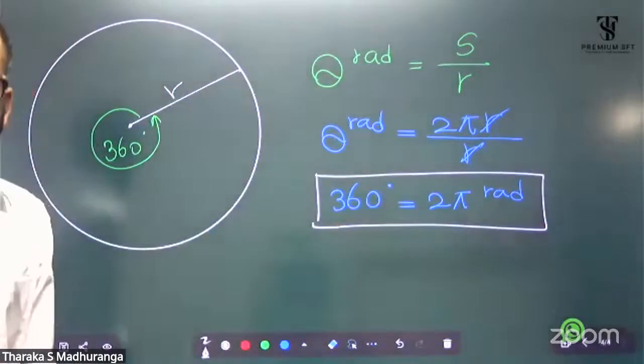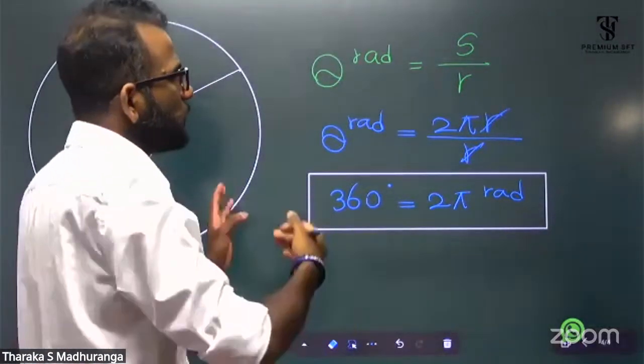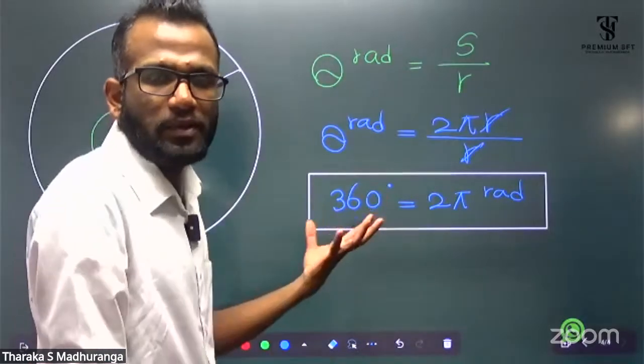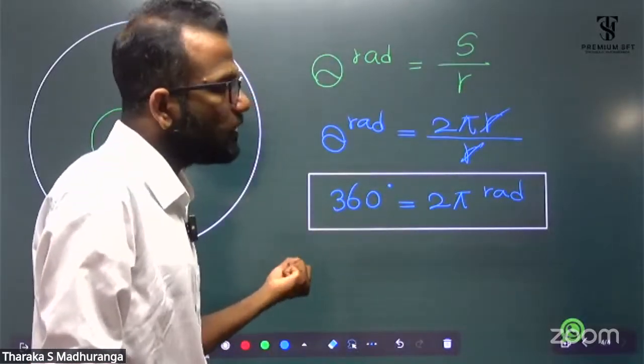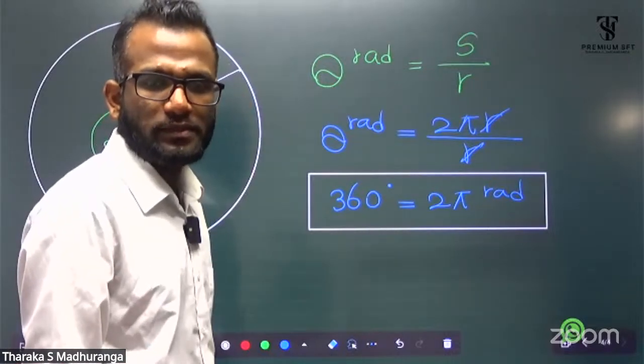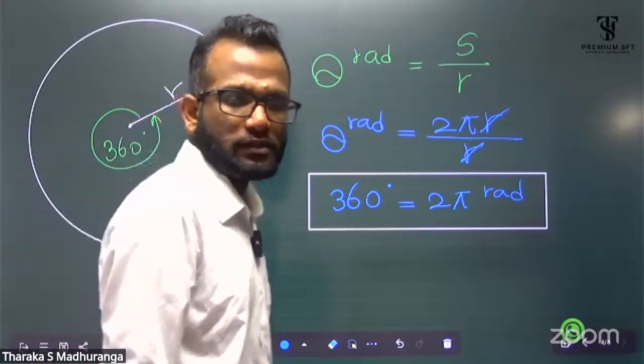Okay, 2π radian. Then what is the relationship between radians and degrees? How do we remember how we can convert degrees into radians? Anyone? Do you remember?